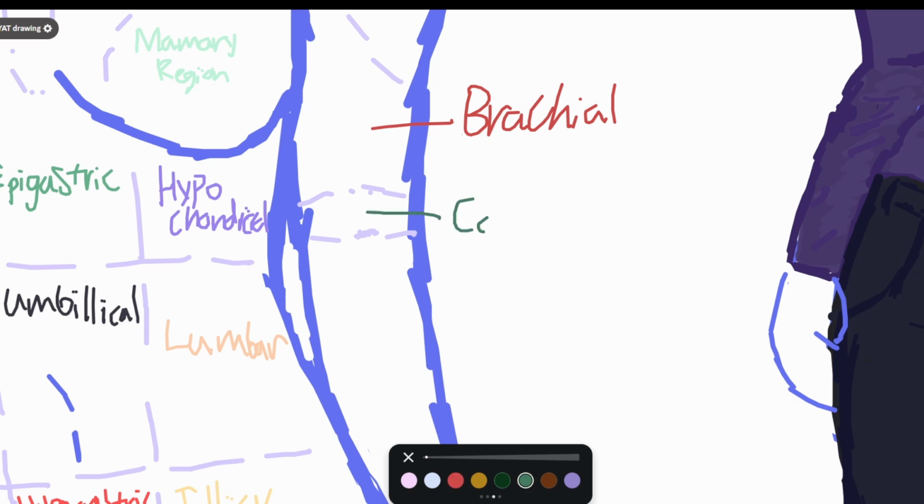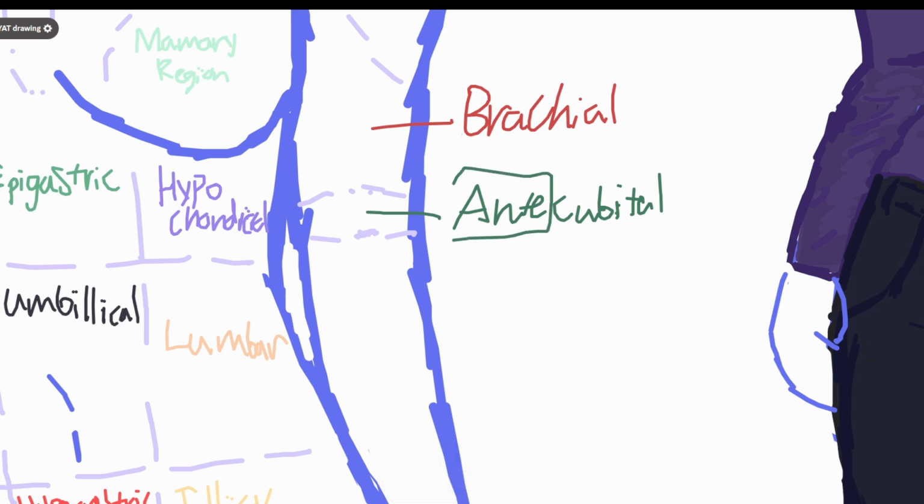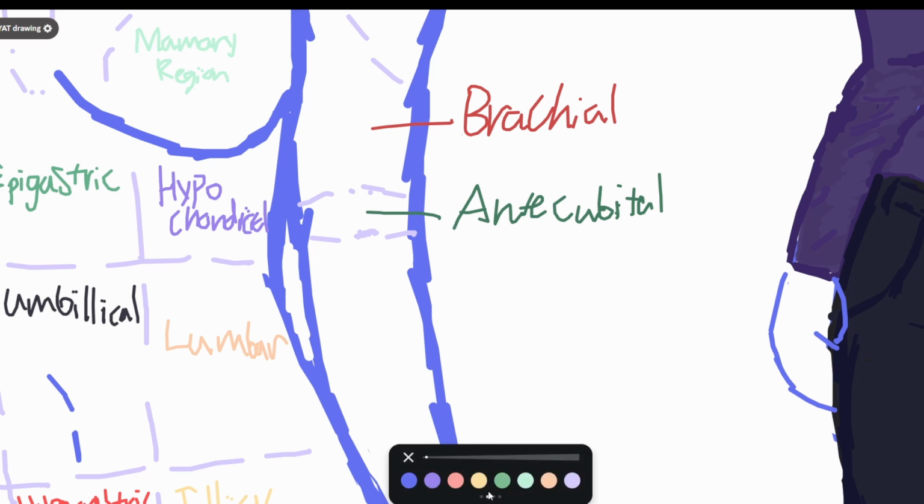This is the antecubital. Cubital is the elbow, and this is before it, so it's called antecubital. And down here, you guessed it, if it comes before brachial, antebrachial. And this is just your forearm.